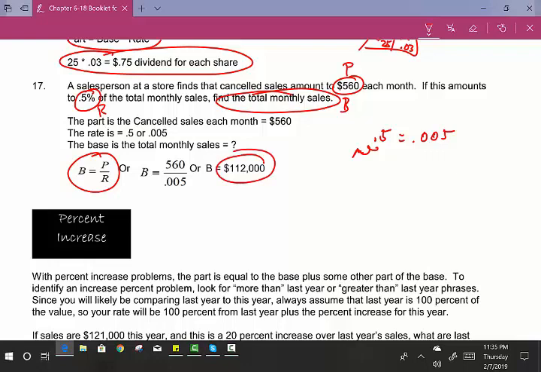So a salesperson at a store finds that canceled sales amount to $560 each month. If that amounts to 0.5% of the total monthly sales, the total of monthly sales must be $112,000.